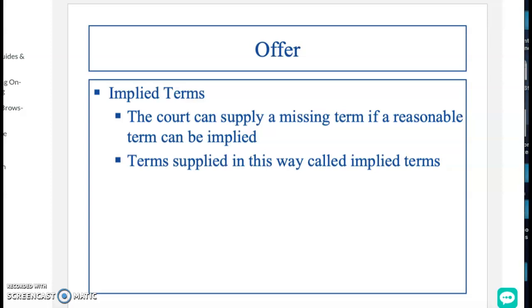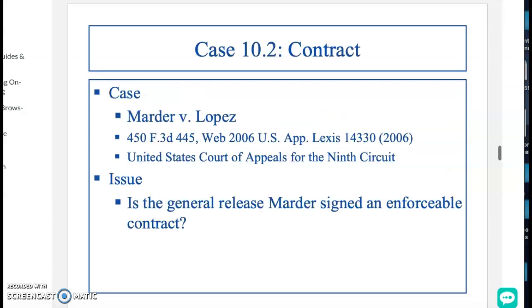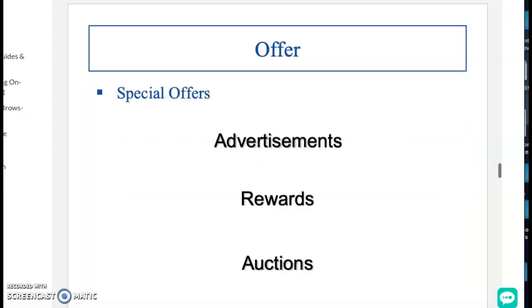The court can imply that the Chevy Silverado was the vehicle you intended to contract. We can look at the general release of Marter signed, whether or not the Marter contract to avoid being bound by the terms of this acting agreement was valid or not.